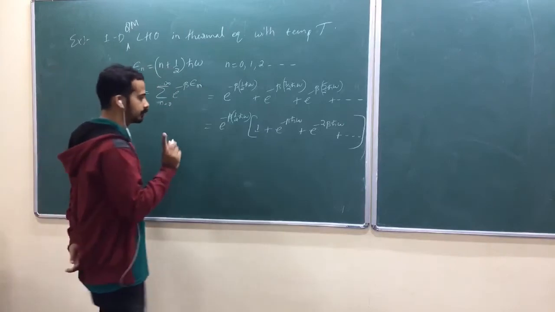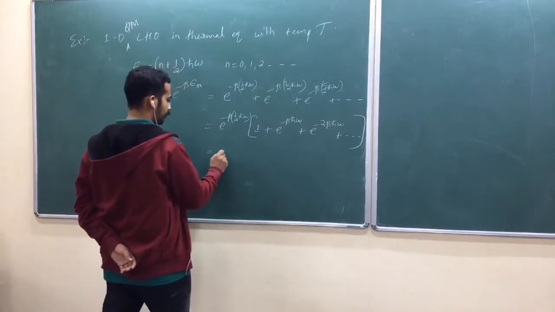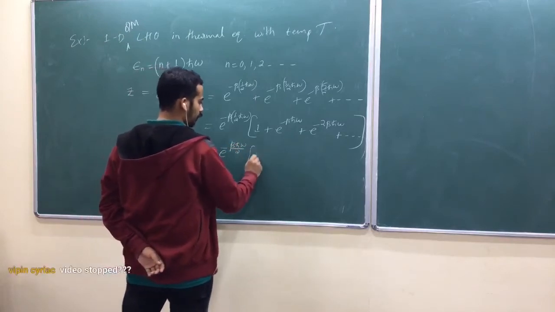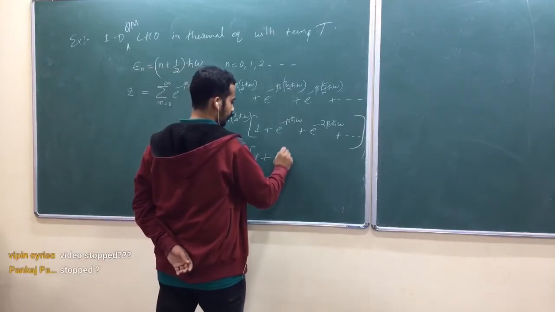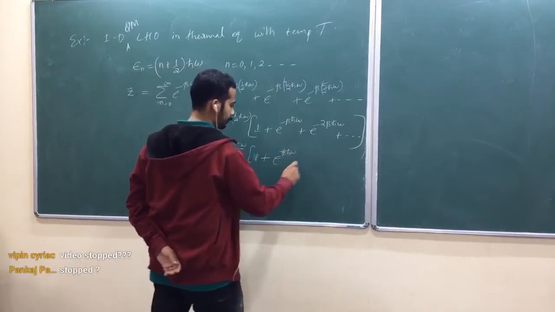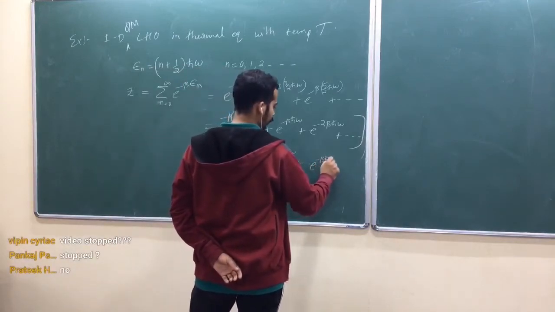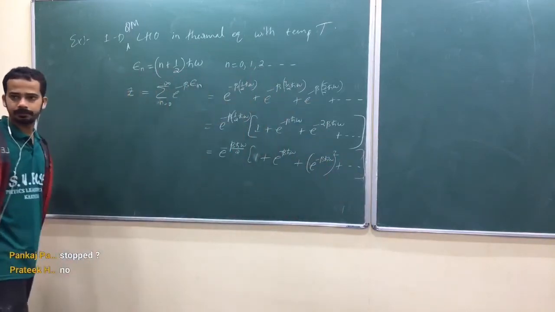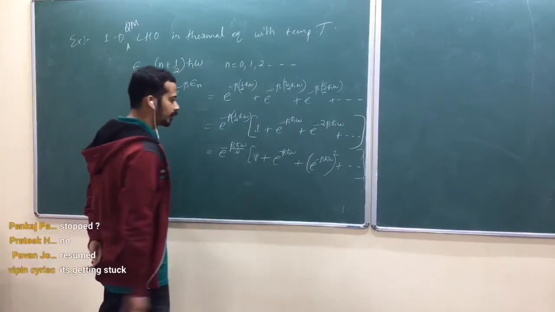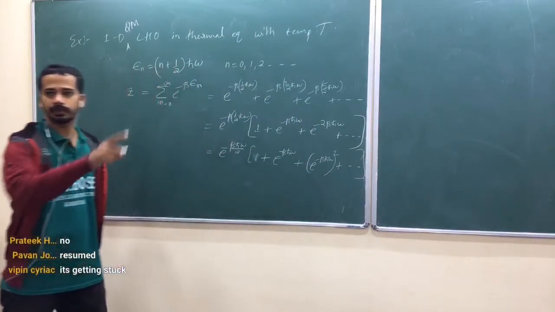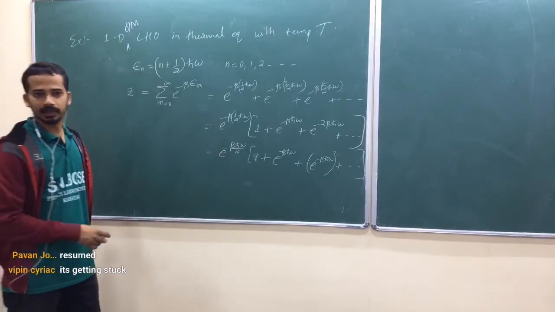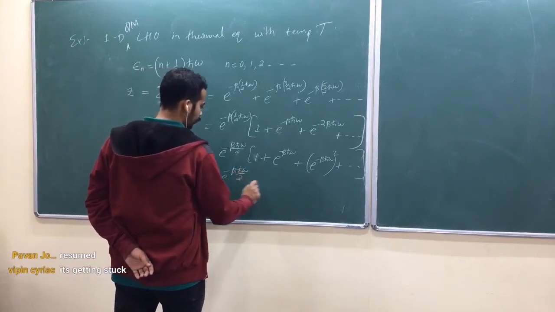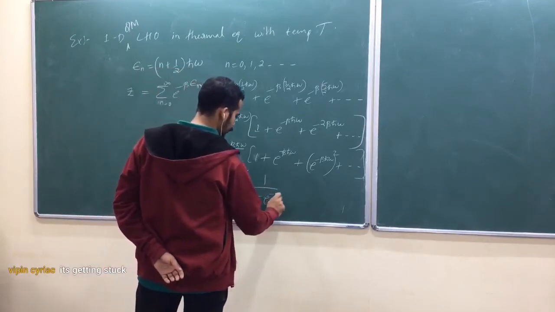Look at the board: e raised to minus beta h bar omega by 2 times 1 plus e raised to minus beta h bar omega, plus e raised to minus beta h bar omega squared, plus cubed, and so on. Now what is this? 1 plus x plus x square plus x cube is 1 by 1 minus x, isn't it? So Z is e raised to minus beta h bar omega by 2 times 1 by 1 minus e raised to minus beta h bar omega.